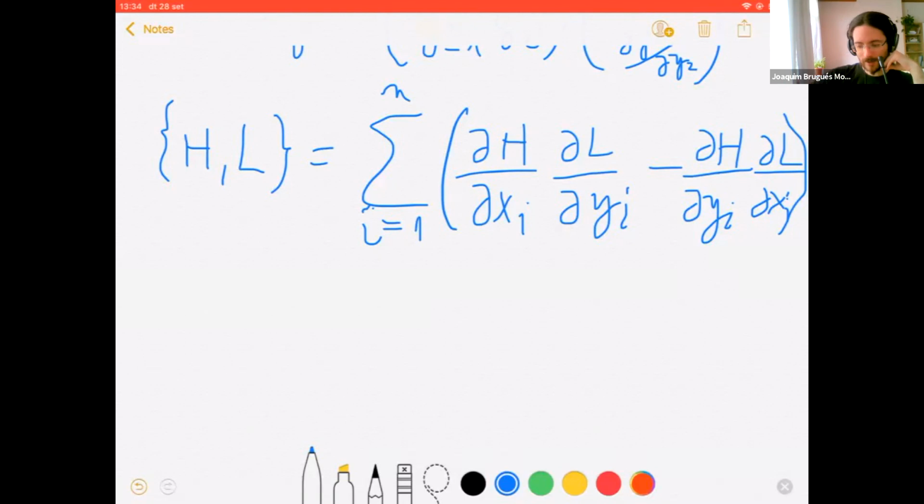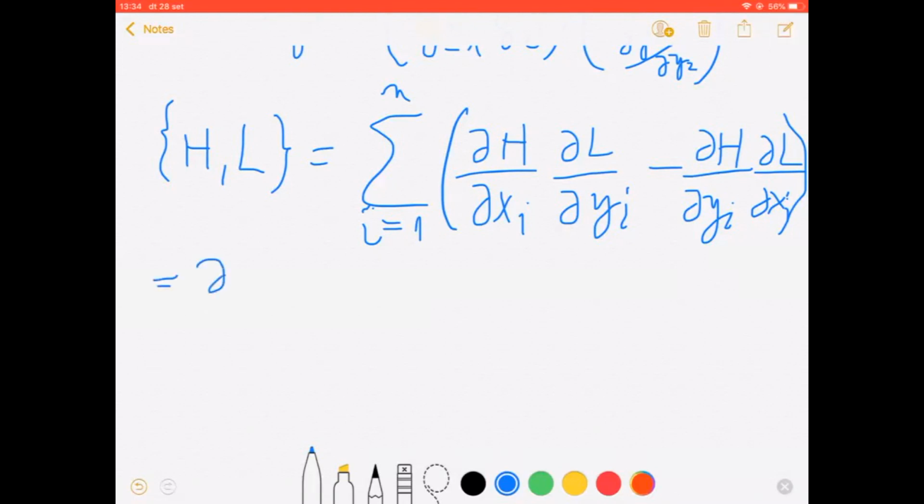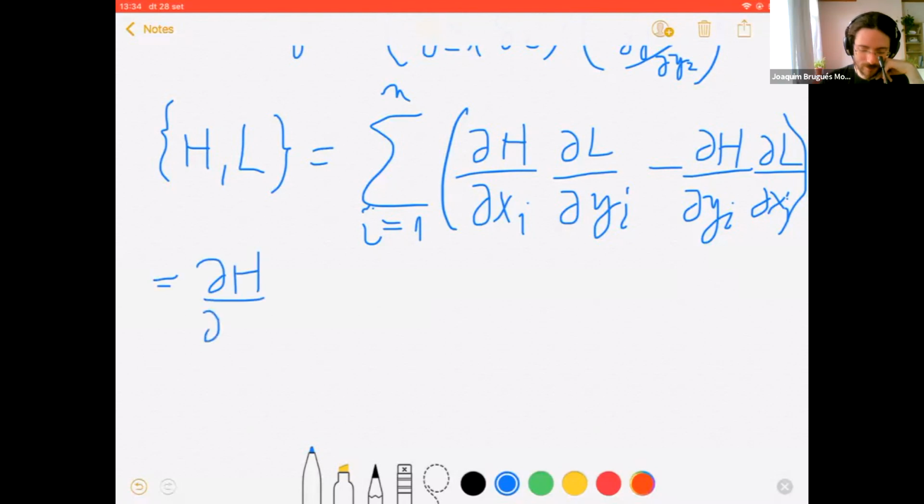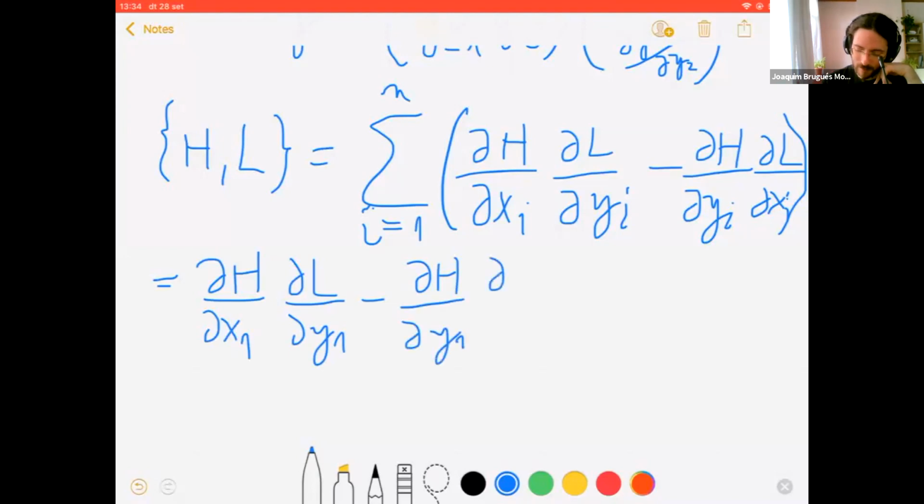Okay, so let's expand this. So this is partial of h with respect to x1 times partial of l with respect to y1, minus partial h with respect to y1 times partial of l with respect to x1, and the same for the index 2.